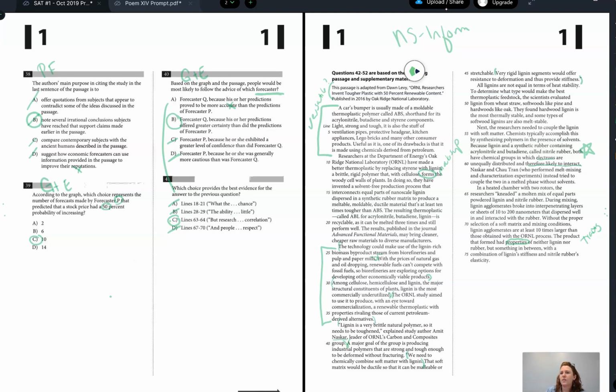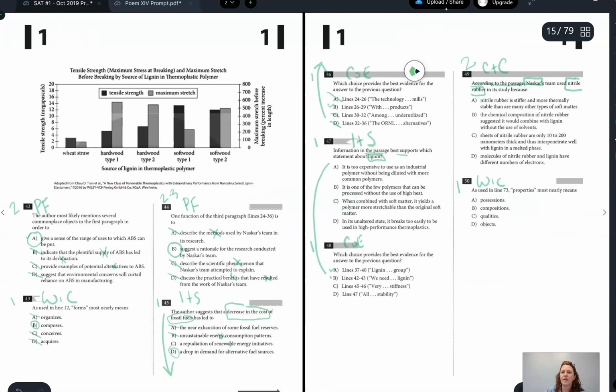Okay, so this is something that it would do to a different process. So it's not about the lignin itself necessarily. So it does mention the word lignin, but we don't get a description of the lignin itself. So kind of just like B, we get the word, but we don't really get something that is true about lignin. So let's check D just to be safe.